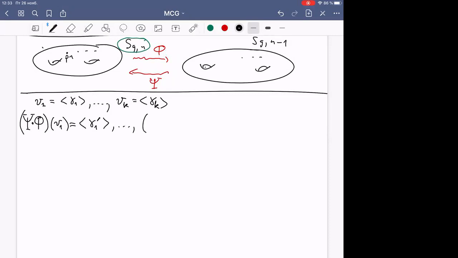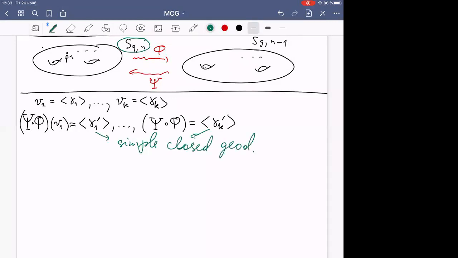Let these be gamma 1 prime, gamma k prime. They are again simple closed geodesics. Yes, it is important. Well, that's okay. But now look.